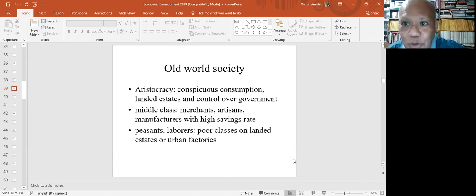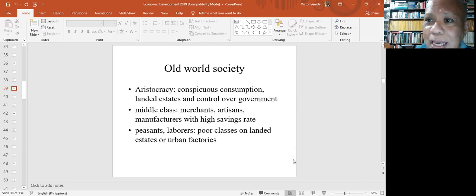Now, by the analysis of Rostow, something happened in a very, very short period of time, from the late 1700s to the 1800s. Okay. It first started in the United Kingdom and spread through the rest of Western Europe. And in this particular process, these middle classes would be able to earn huge profits in a very, very short period of time. Huge profits that allowed them to generate substantial wealth.